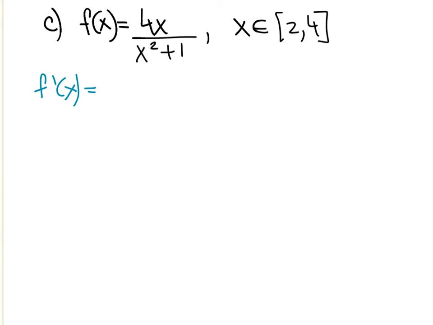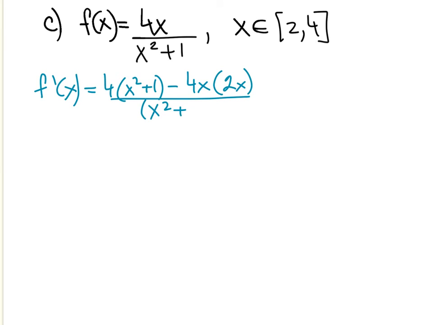So the f of x is your numerator, g of x is your denominator, and we will get 4 times x squared plus 1, which is your g of x, minus, so f of x is just 4x, and then take the derivative of g of x, which is just 2x, all over g of x squared.